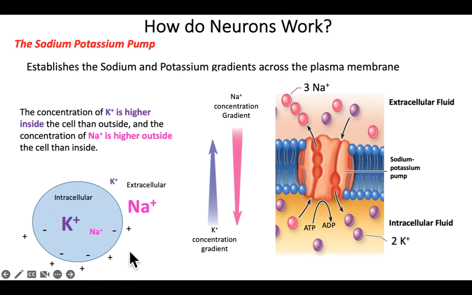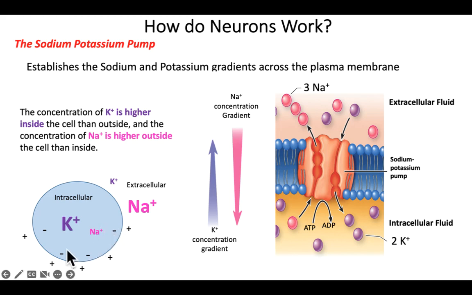This is just a schematic to help you remember this. So there's the potassium gradient: high potassium inside, low potassium outside. The opposite occurs with sodium. It's going to have a lot of sodium outside and a little bit of sodium inside. So those are the 2 ion gradients that have to be produced in order for a neuron to function. There's also an electrical difference.